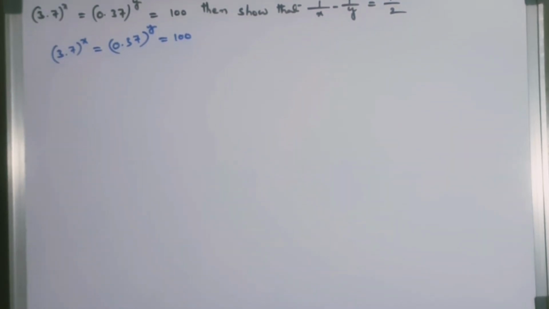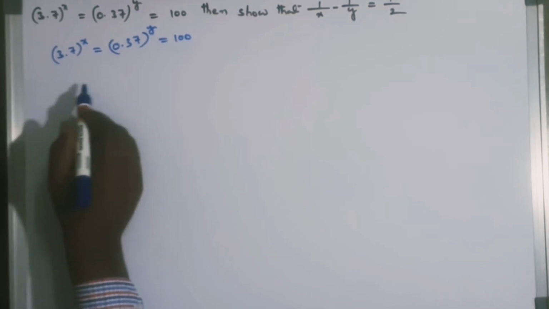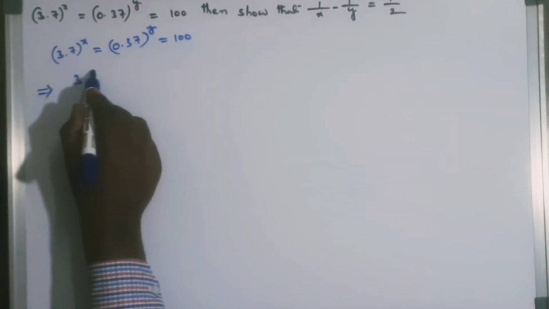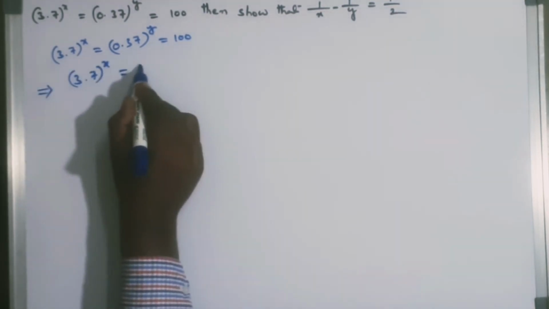If a equals b, b equals c, then a equals c. That implies (3.7) whole to the power of x equals 100, I am taking.